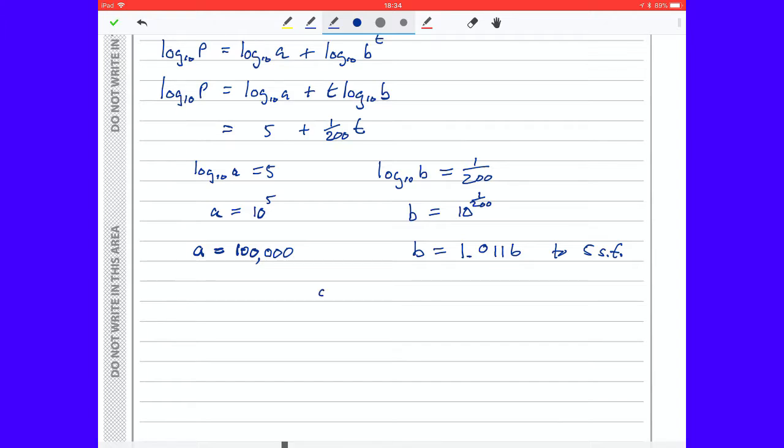We can write population P is AB to the T. That means it's 100,000 multiplied by 1.0116 to the power T. Now if we put T as 0, 1.0116 to the power 0 is 1. So P is 100,000 when T is 0.